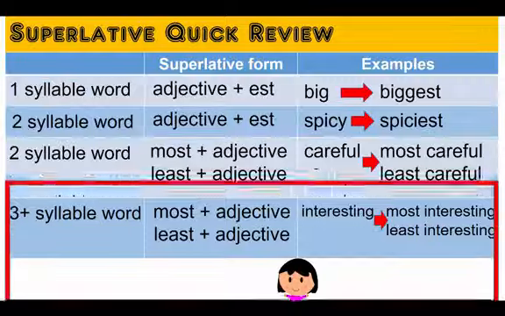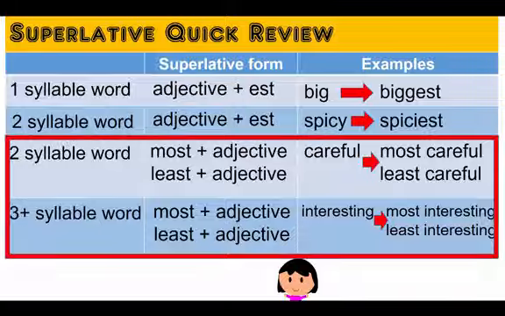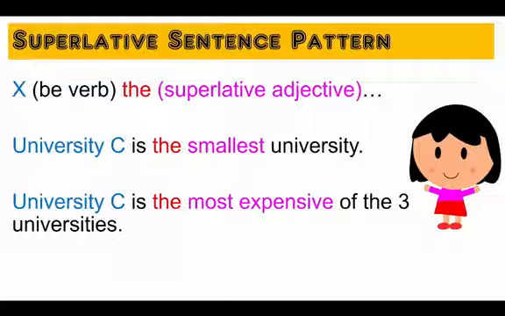For some two-syllable adjectives or three or more syllable adjectives, you would use most plus the adjective or least plus the adjective. Finally, when we want to make a sentence with the superlative, we do not use than. We would say X, be verb, the superlative adjective. It is very important to use the definite article the before the superlative.